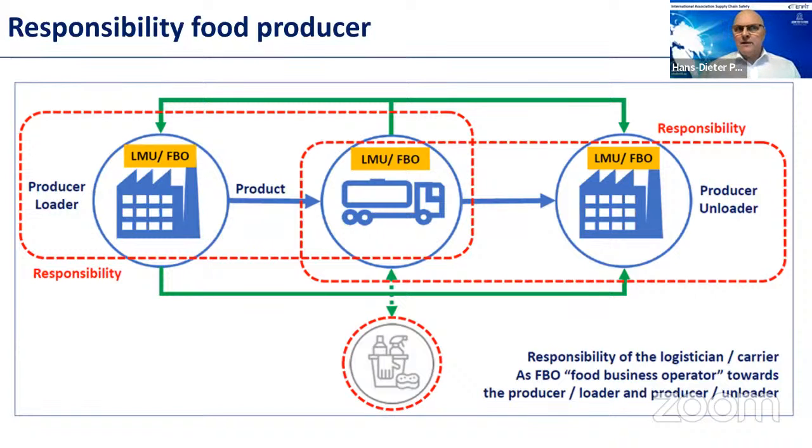That means that the logistic company has also this responsibility in the same way as a producer of raw materials or end products, and he should make sure that everything in this shipment, this transport way, should be really okay.